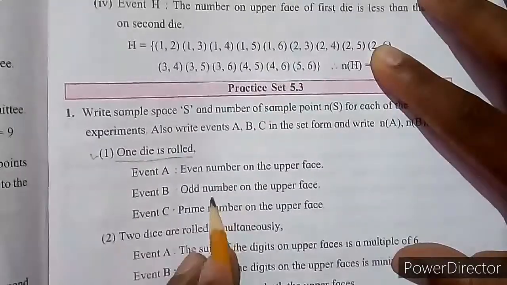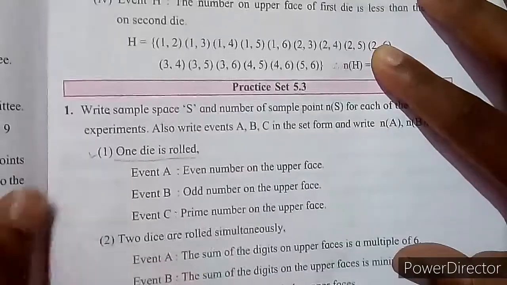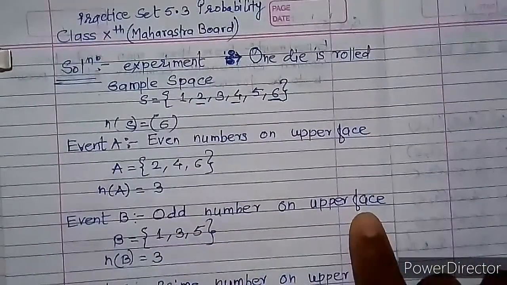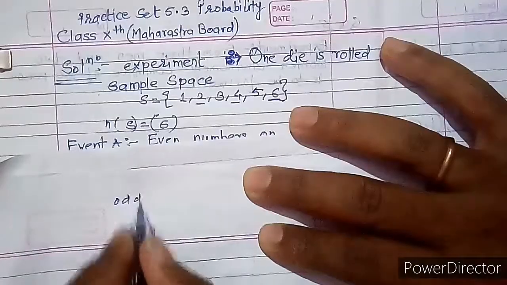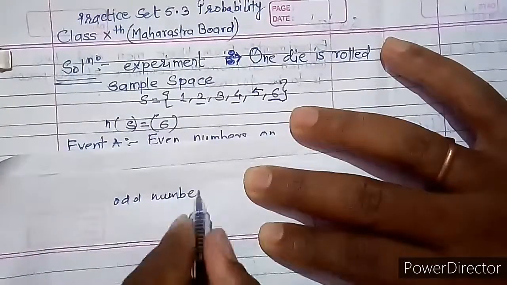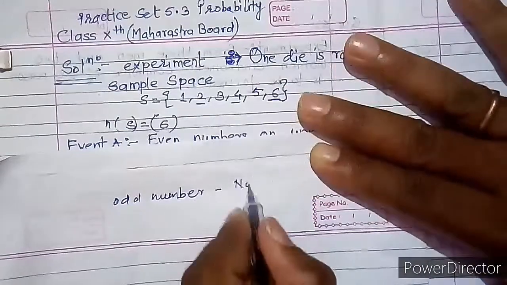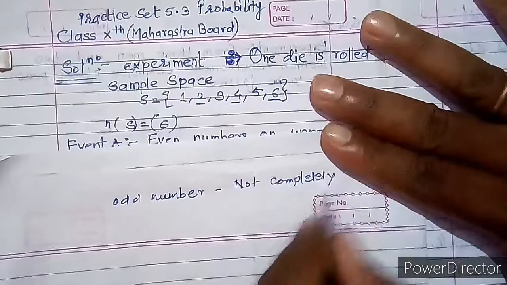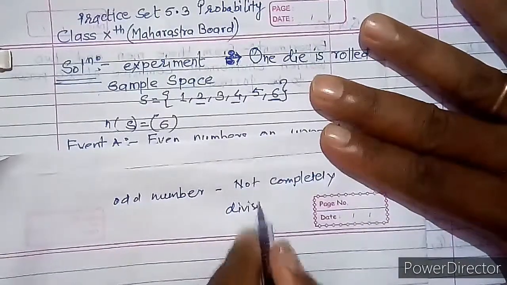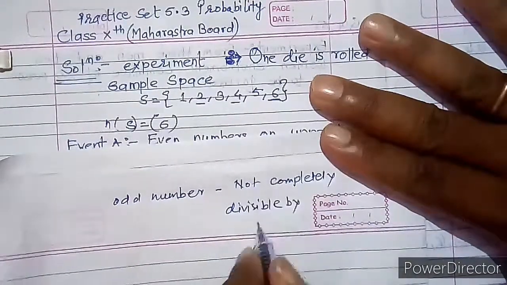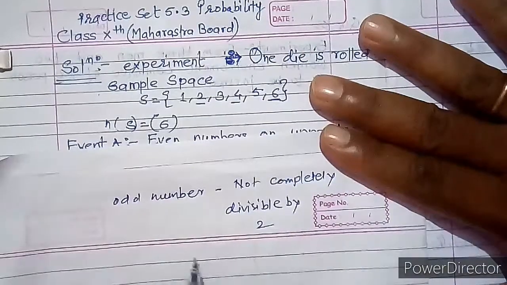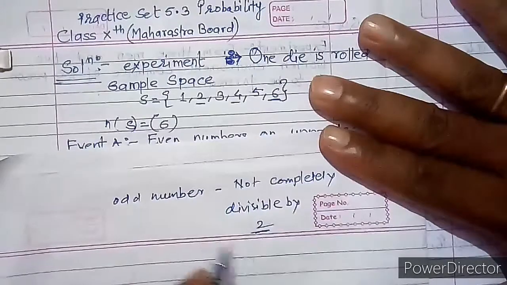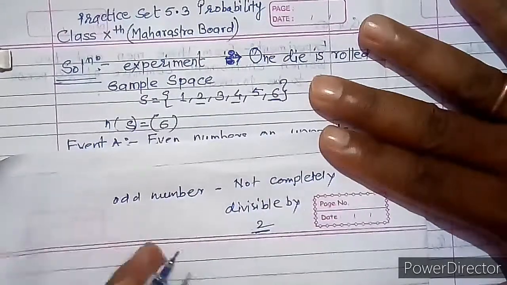Here event B is an odd number on the upper face. Then write down event B. Odd numbers are the numbers which are not completely divisible by 2, means after dividing by 2 the remainder becomes 1.